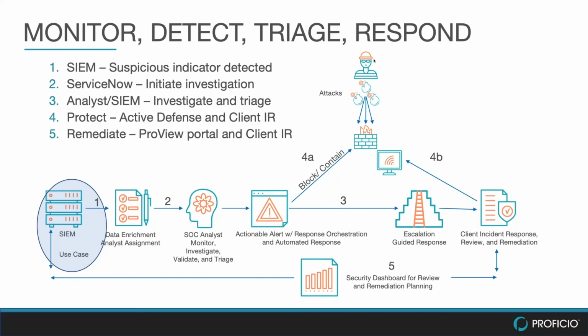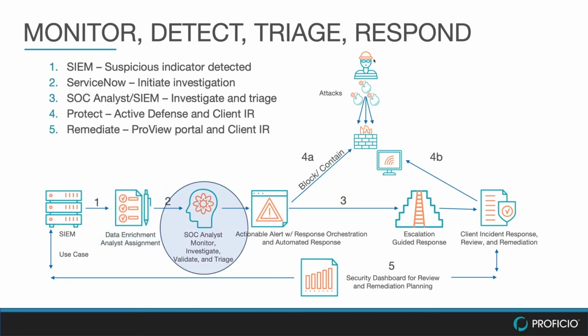Once an indicator triggers, we use ServiceNow to actually assign that case to a security analyst and enrich the information with your business context and other information that that analyst would use in a playbook to do the investigation based on that particular indicator and that particular use case. Next, the analyst performs the investigation.